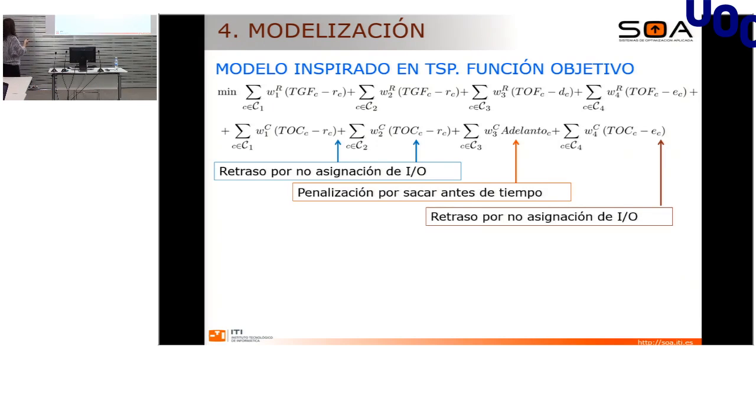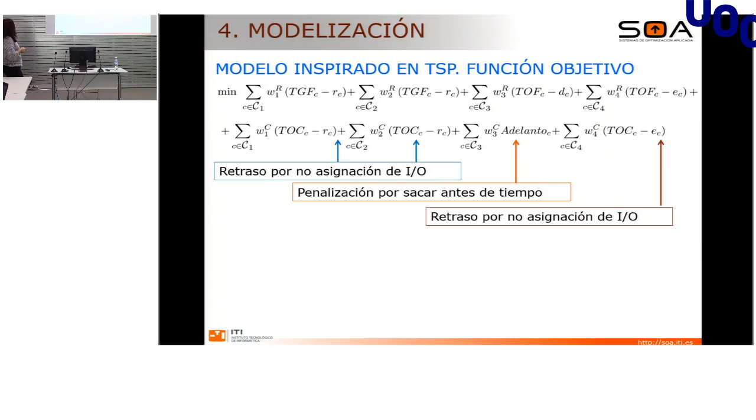This variable is the final time of the crane for this container, but this other variable is not the final time. It's the initial time of occupation of the input-output. So depending on the term, the variable is different. This is because this is type 3. Type 3 is that you have to extract from the yard outside.